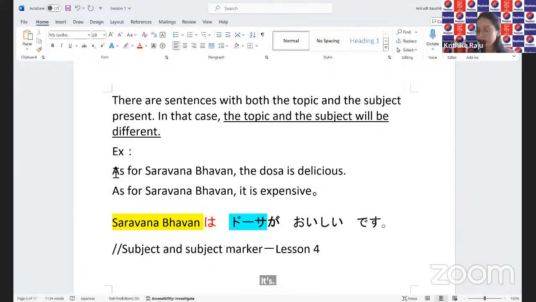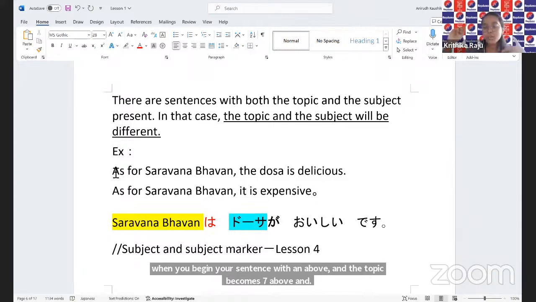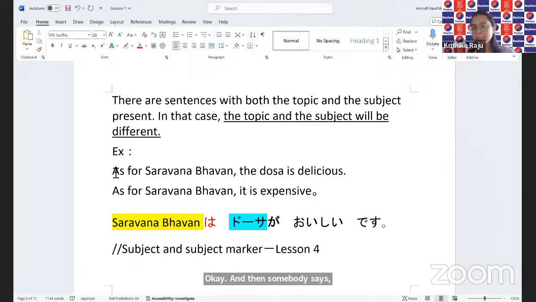So as for Saravana Bhavan, when you begin your sentence with Saravana Bhavan, the topic becomes Saravana Bhavan. Okay? And then somebody says, oh, Saravana Bhavan dosa. Somebody says Saravana Bhavan idli, their sambar, their coffee, the location of this new branch, their price, their sweets.